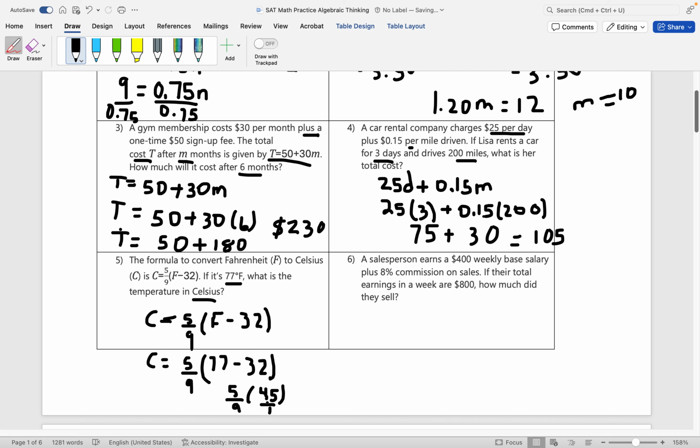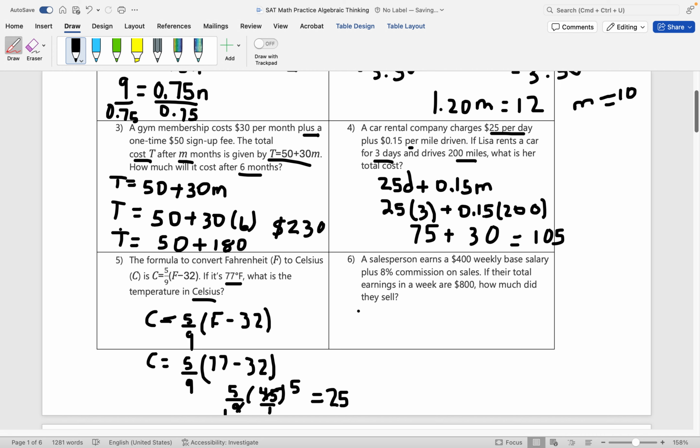To cross simplify 9 and 45, 9 goes into 45 5 times, and this becomes a 1, and then 5 times 5 equals 25 degrees Celsius. Okay, so the answer is 25.